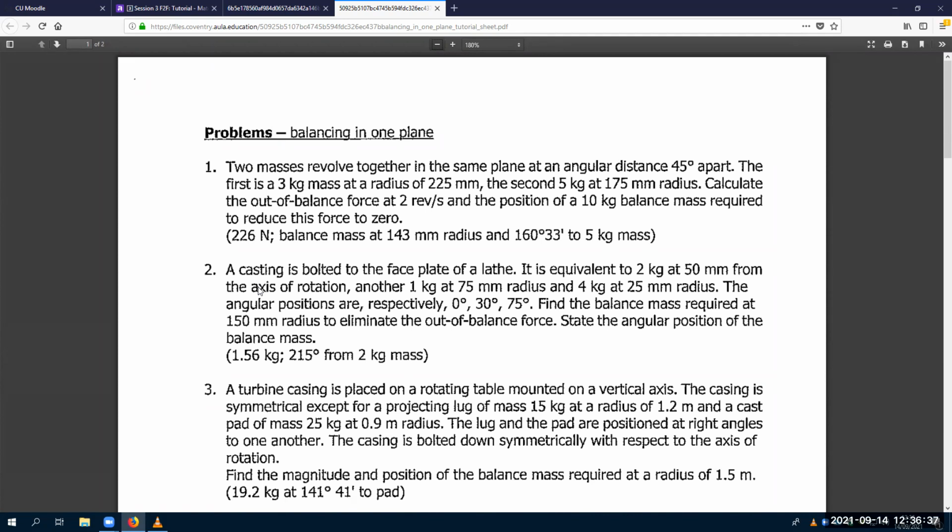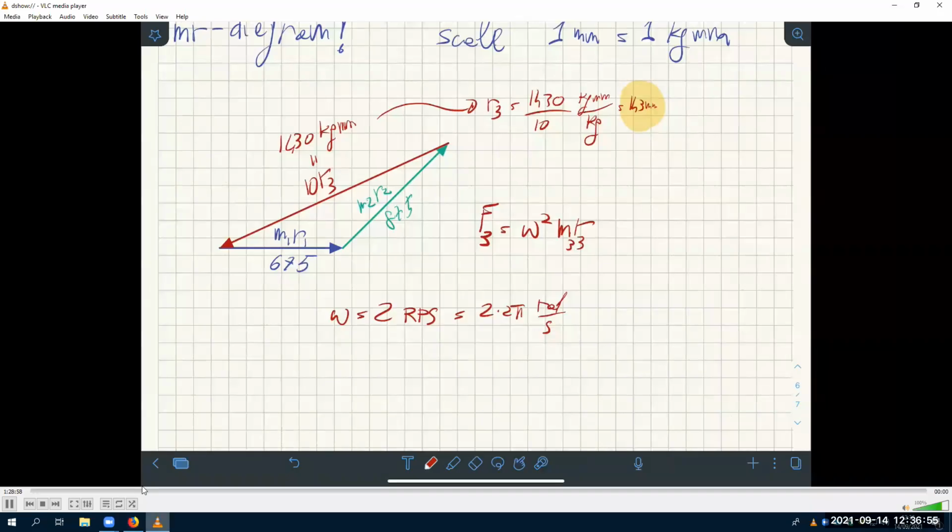So 1 RPS, 1 revolution per second, 1 revolution is 2 pi radians. So omega is equal to 2 RPS, which is equal to 2 times 2 pi radians per second. Agreed with me? Good.